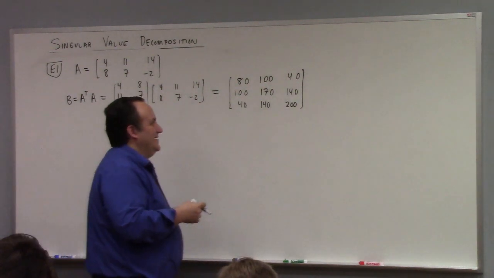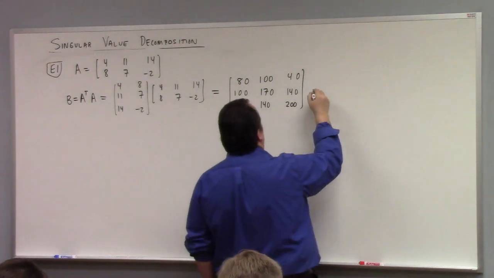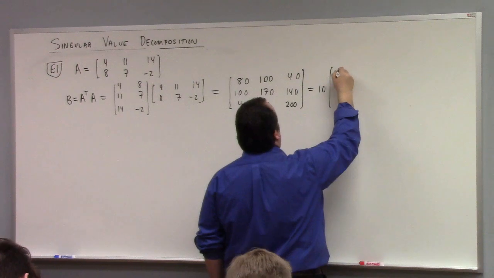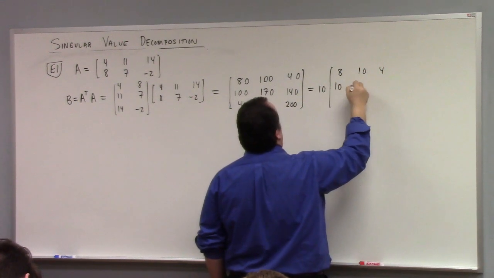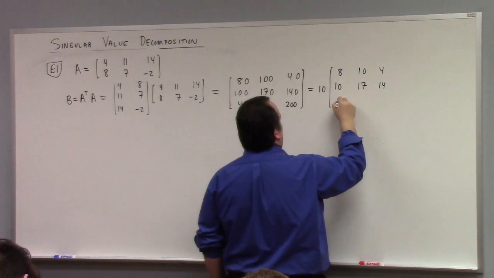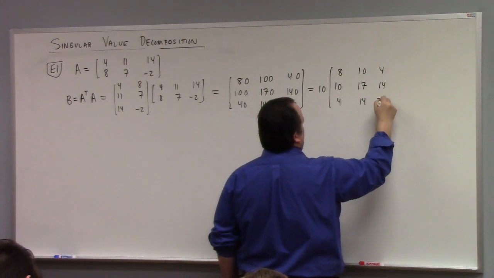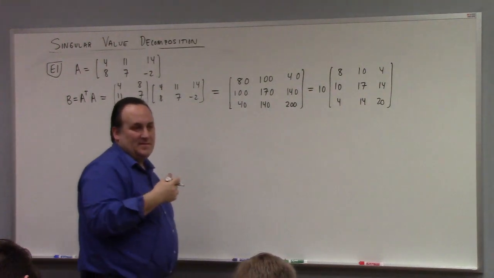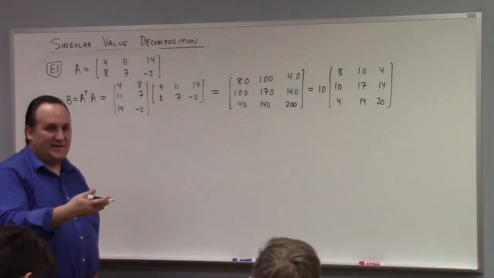So if I want to find the eigenvectors of this, I could just as well factor a 10 out and look at 8, 10, 4, 10, 17, 14, 4, 14, 20. You could find the eigenvalues of this, and whatever the eigenvalues are of that, 10 times that will be the eigenvalues of B.